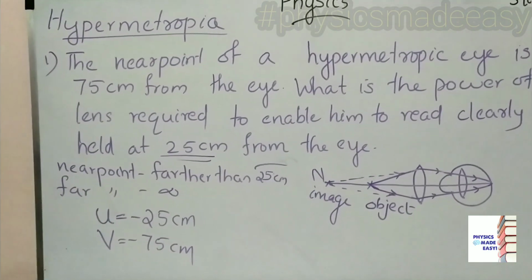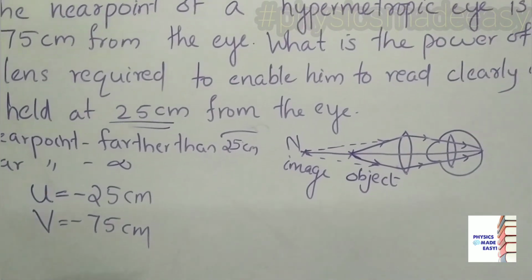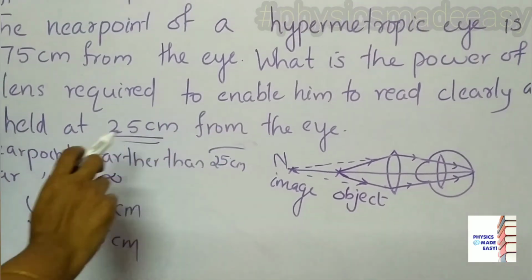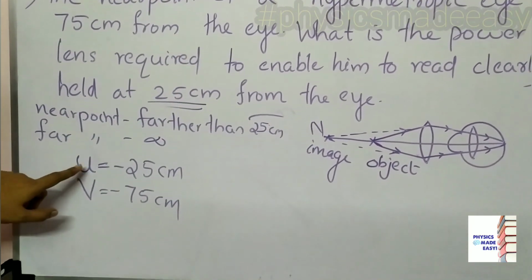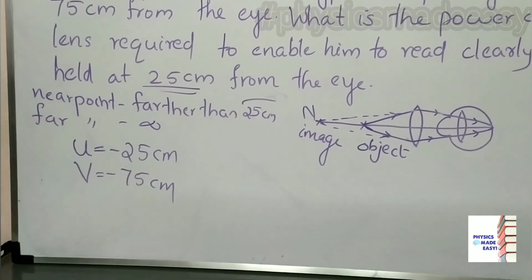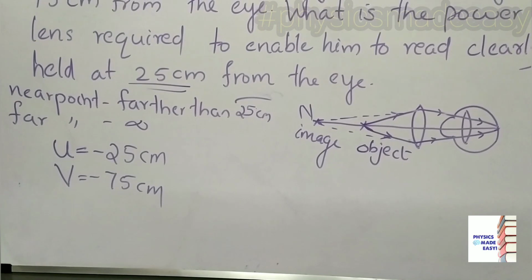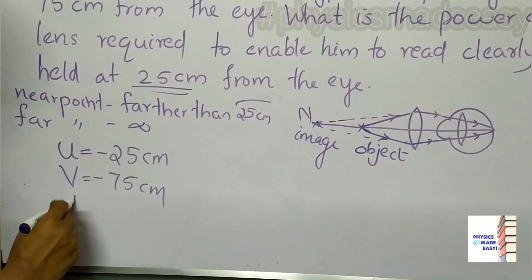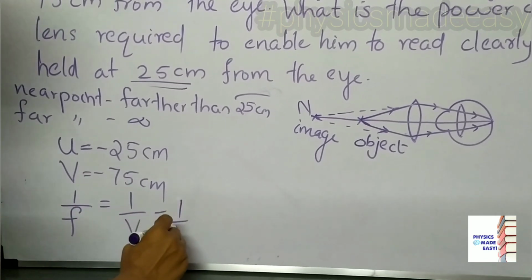In this case the object is at 25 centimeter away from the lens and the image should be formed at the near point of that hypermetropic eye. So here you can write u is equal to minus 25 centimeter and v is equal to minus 75 centimeter. Then for finding the power we have to find the focal length. So we can use the lens formula, that is 1 by v minus 1 by u.